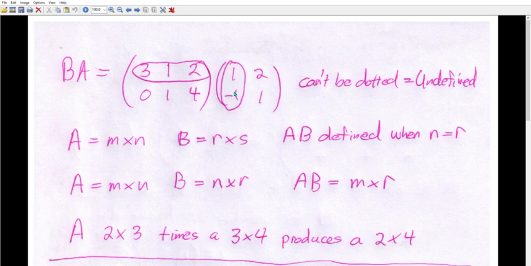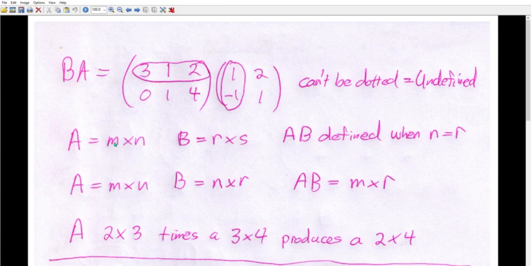So this matrix product is actually not defined. And if you look at what the problem is, there are 3 entries here, 1, 2, 3 columns. There are 2 entries here, 1, 2 rows. This isn't going to work unless the number of columns in the first matrix is the same as the number of rows in the second matrix.